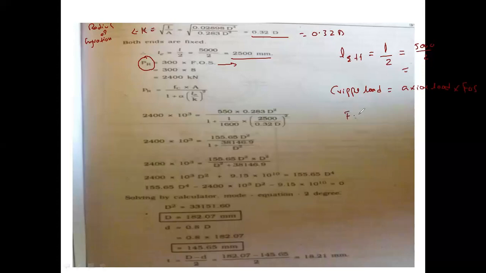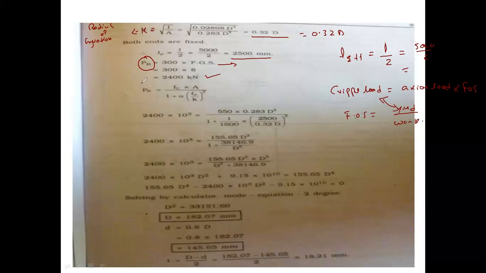Why? Because you know factor of safety is equal to yield load by working load. The axial load is the one under working condition. He is asking you to calculate the crippling load or yield load. That's why your PR is equal to 300 into factor of safety. So finally you got the PR value.